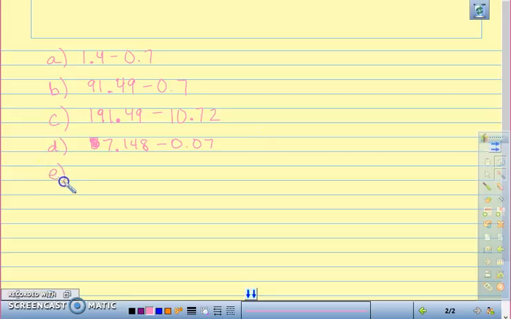And E, which will be our last one, is 60 and 91 hundredths minus 2 and 856 thousandths. Actually, we're going to add one more. F is 361 and 31 hundredths minus 2 and 841 thousandths, and those should be closer together.